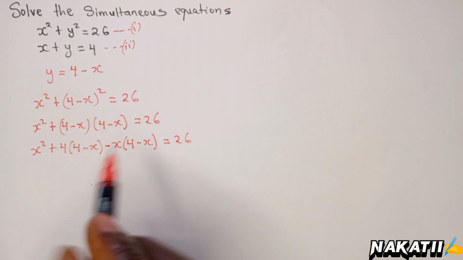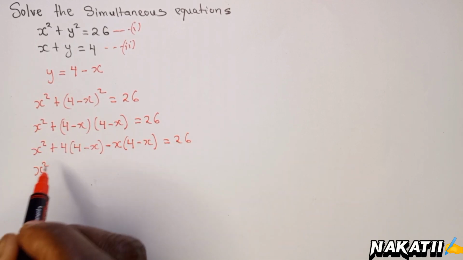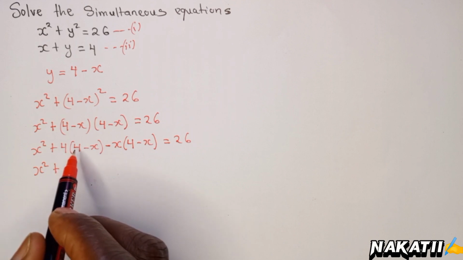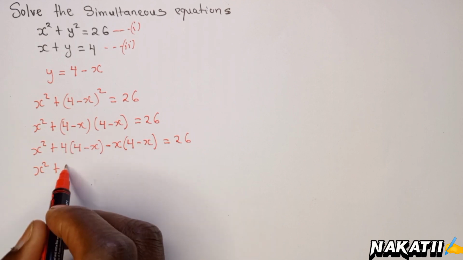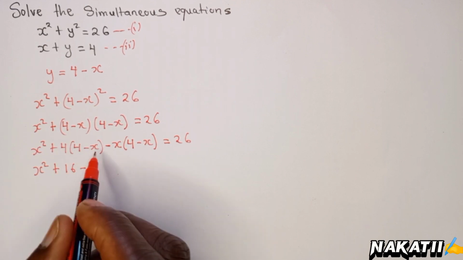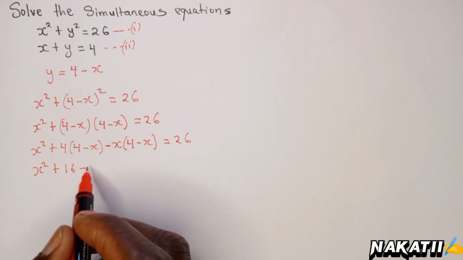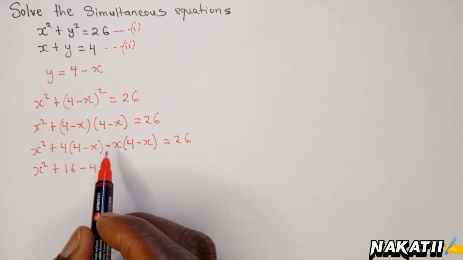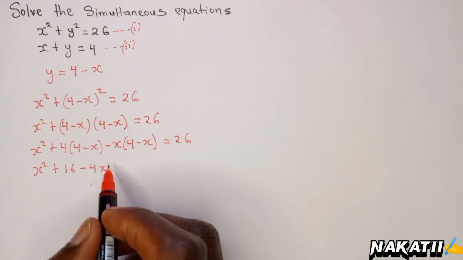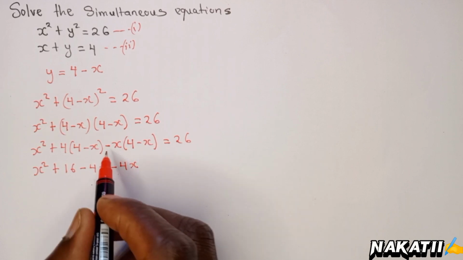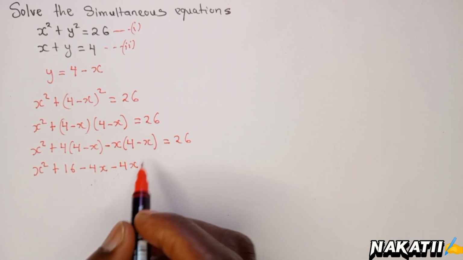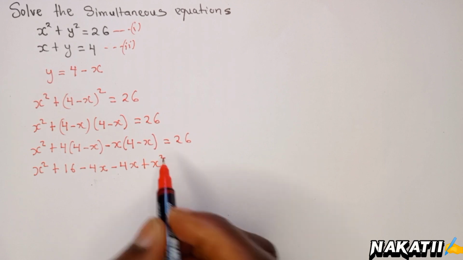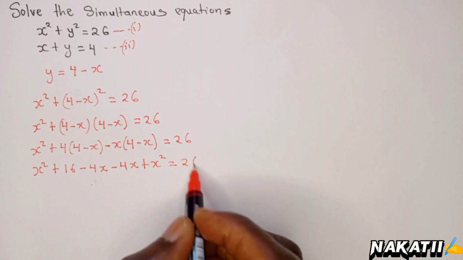When you open this bracket, you will have x squared plus 4 times 4 gives you 16, minus 4 times negative x is negative 4x. Then negative x times 4 gives you negative 4x. Negative x times negative x, that is positive x squared, is equals to 26.